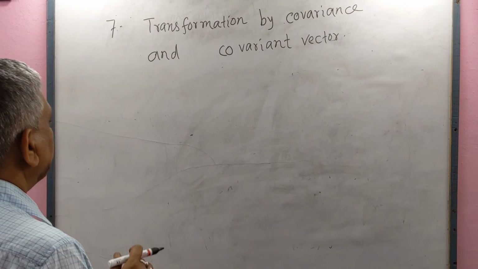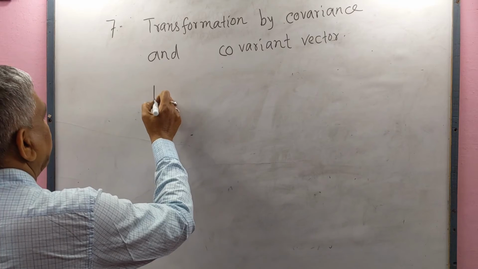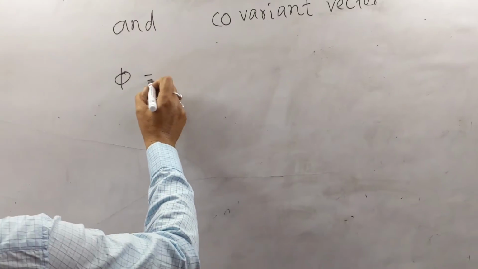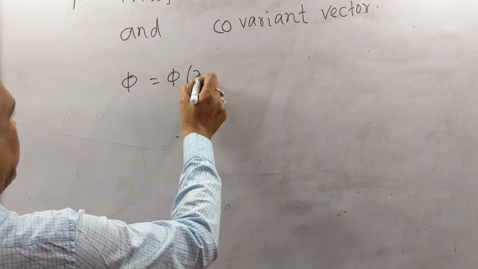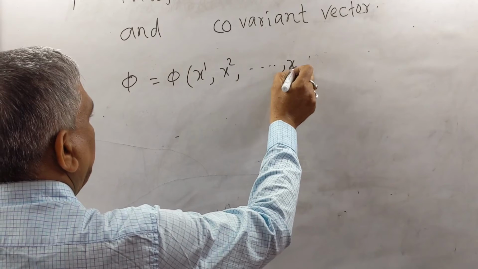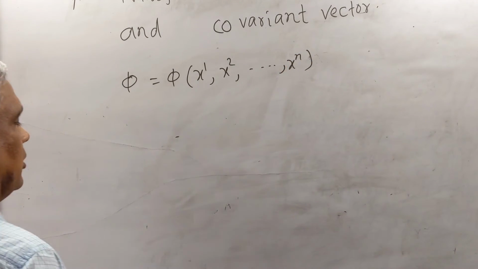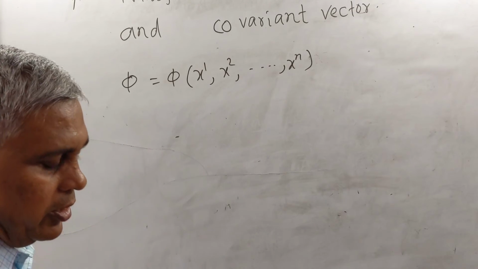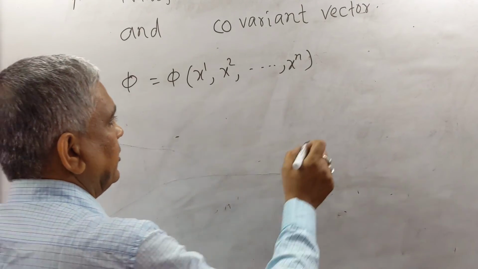Now we have a scalar valued function phi, which is the function of x1, x2, xn. Here x1, x2, xn are coordinates in x system of coordinates.